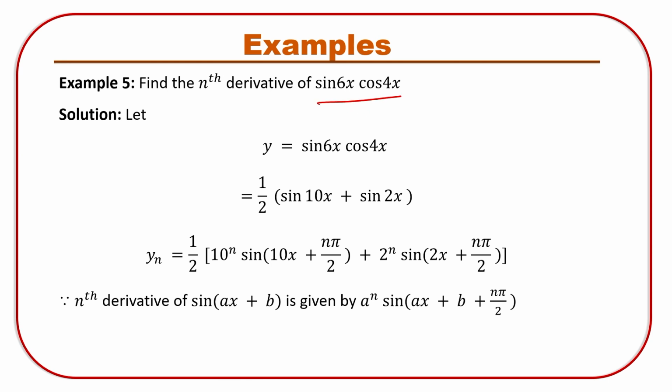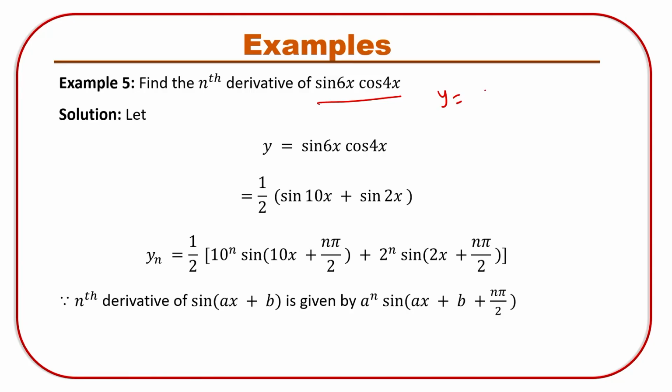So, next one, find the nth derivative of sine 6x cos 4x. Again, there are two trigonometrical functions and both are in a product. So, we have been given y equal to sine of 6x into cos of 4x.